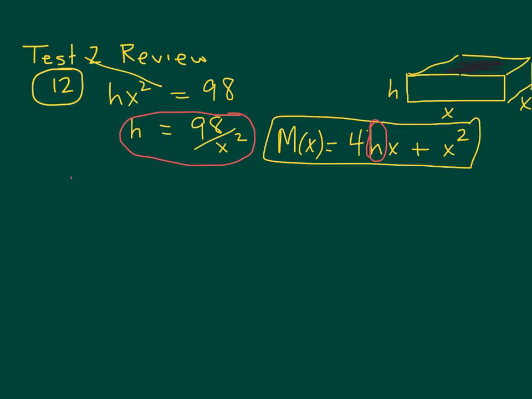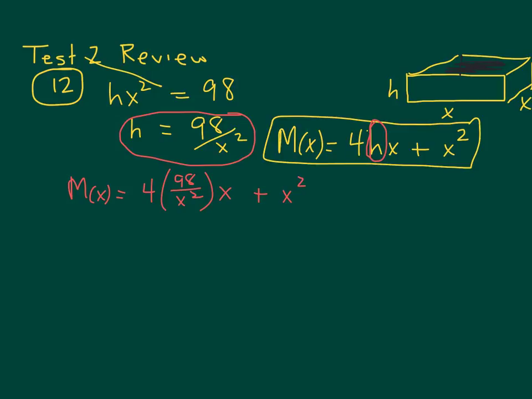So m of x will be equal to 4 times 98 over x squared times x plus x squared. And that is our function that represents the amount of material used to make this box.